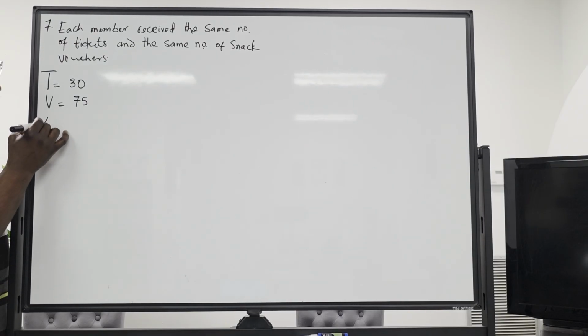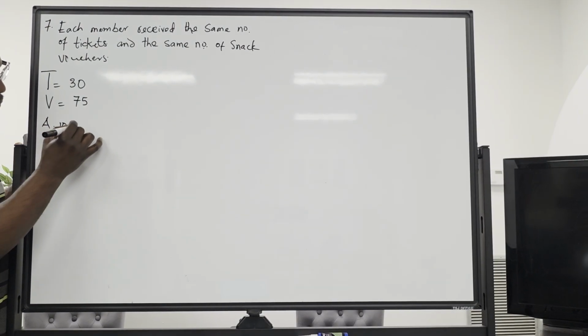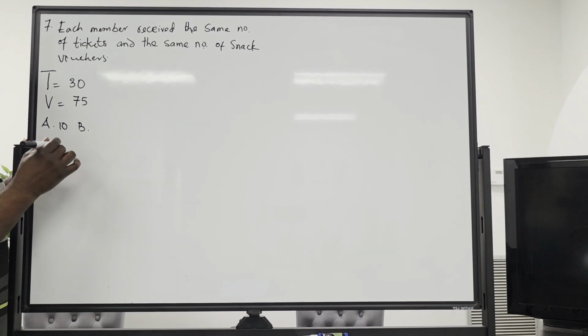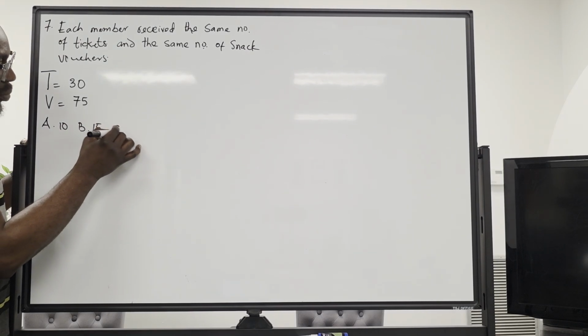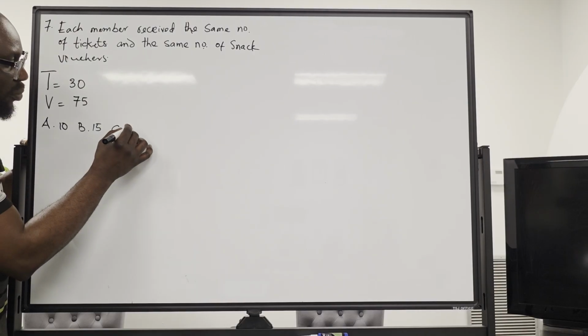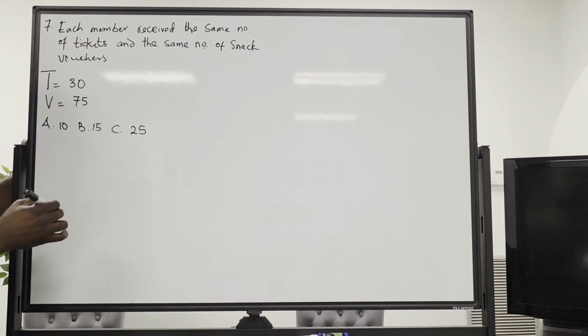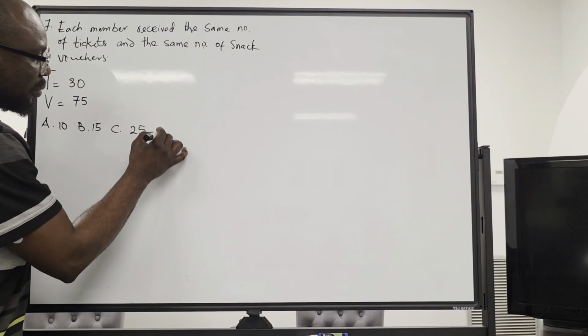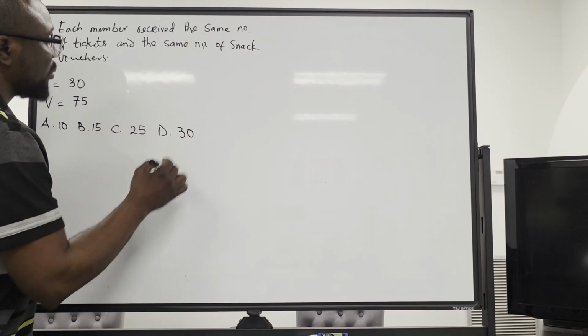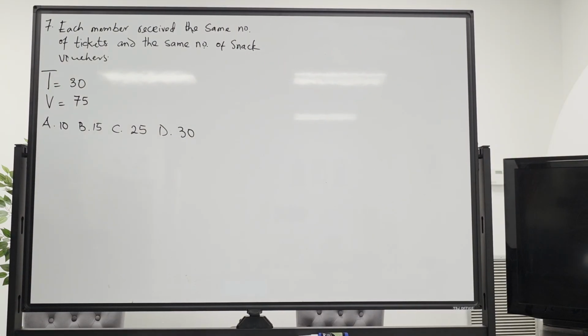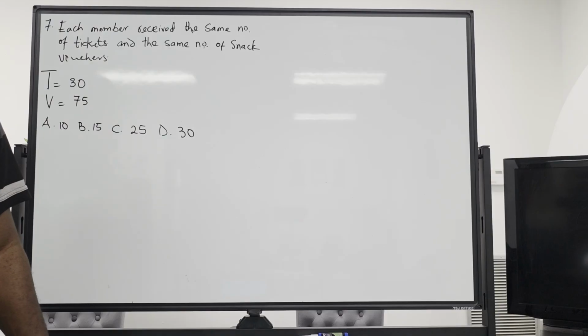Option A is 10, option B is 15, option C is 25, and option D is 30. I'm going to read the question again. Each member of our work group received the same number of tickets and the same number of snack vouchers.